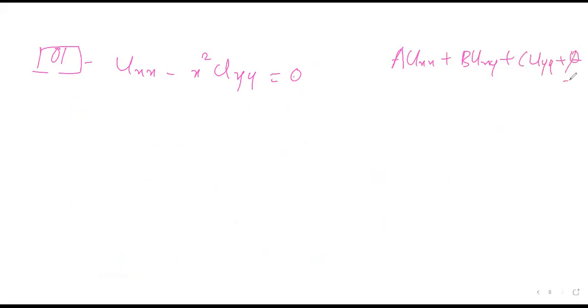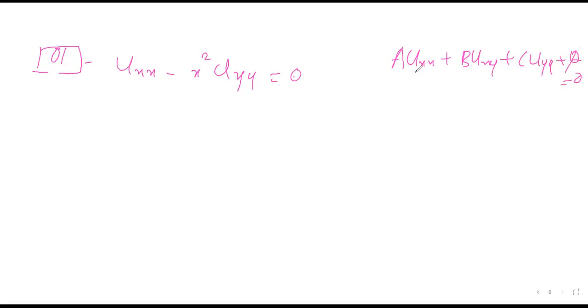First of all, copy the question first, as in the exam. Then we know our general equation: A u xx plus B u xy plus C u yy plus something, plus phi is equal to 0.